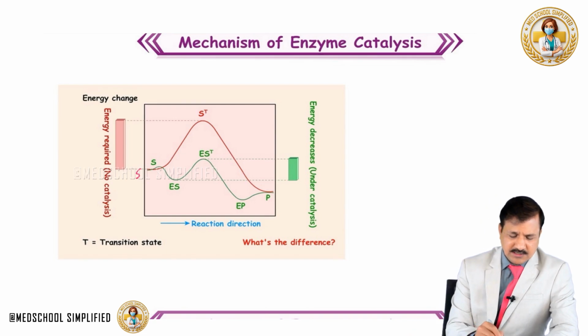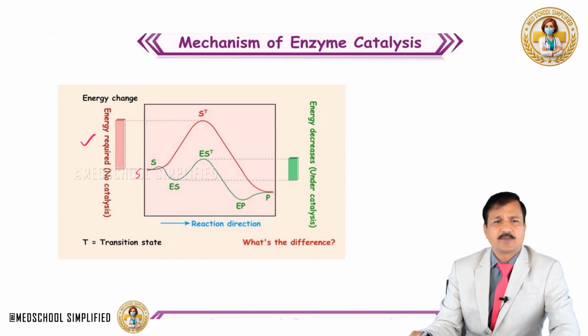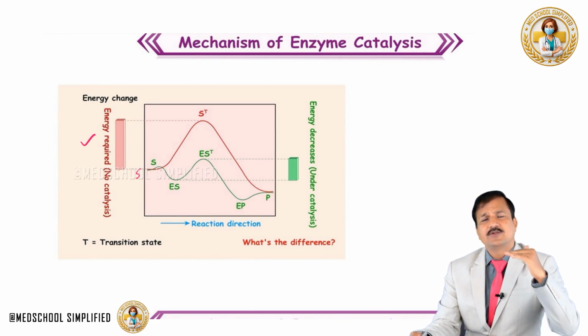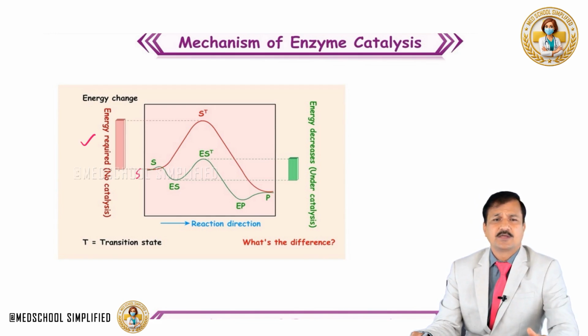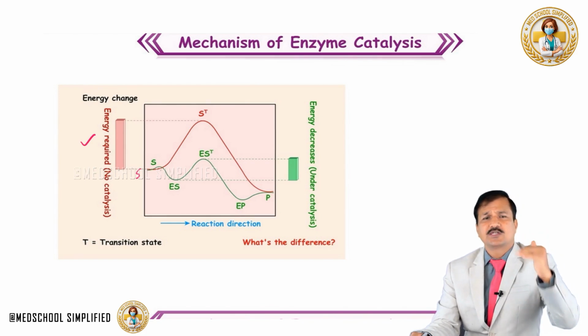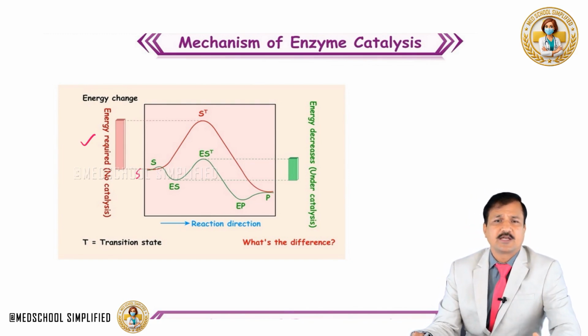The amount of energy needed for the substrate to go into the transition state is shown with the red bar here. Look at the length of the red bar. It is higher. That is the energy needed for a substrate to go into its transition state. When the substrate reaches ST, the transition state, it is the highest energy state of the substrate and the most unstable state, and it falls into a product, which is the lower energy state.